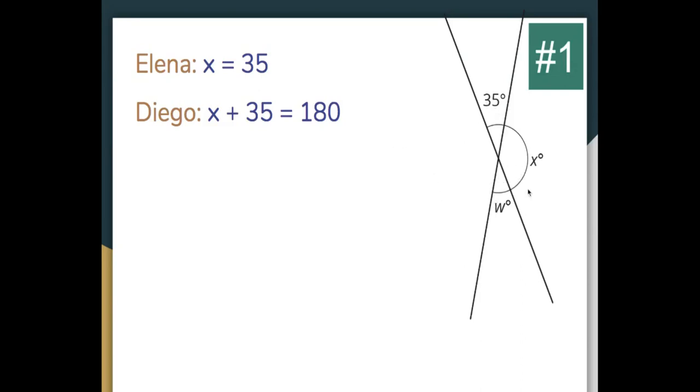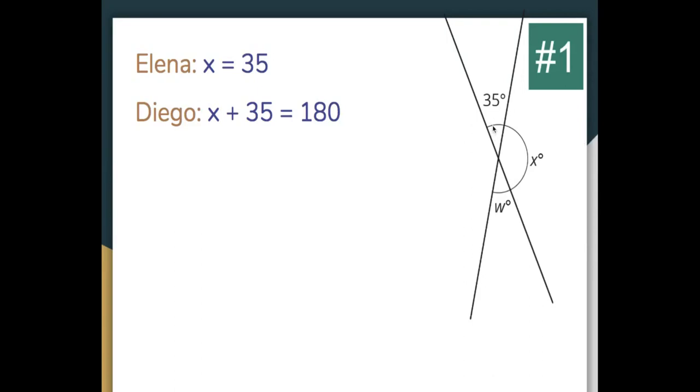How Elena concludes that this is 35 degrees, I don't really know, so I'm going to ignore that one for now. But with Diego, we can look at the situation and try to draw some conclusions about how he got there. Diego says that 35 and X together form one straight line angle, and one straight line angle is 180 degrees.